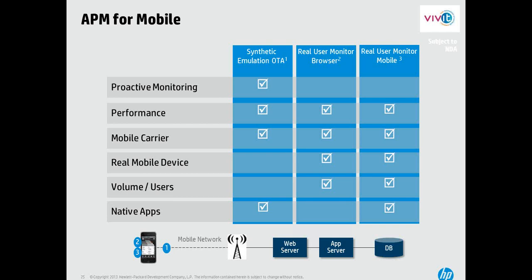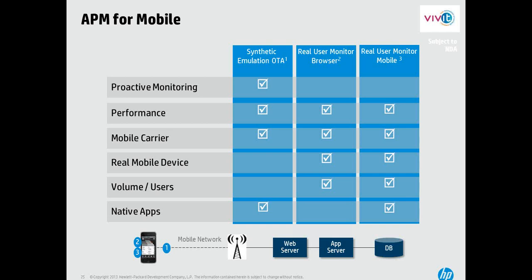For the real user, which is each and every user, we are able to understand the performance of the browser, which is the real user coming into the application through a browser, how the performance of the application is over the browser-based application, which mobile carriers, because we understand each and every user and the sources and the carriers they come in through, performance on the real mobile device, and also the volume of transactions that is coming in through these devices.